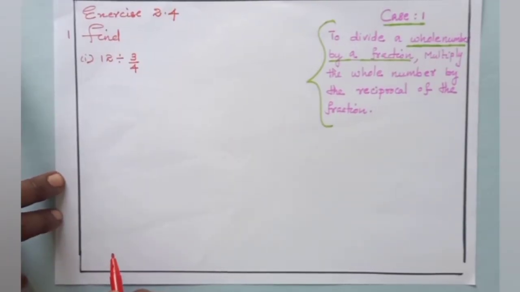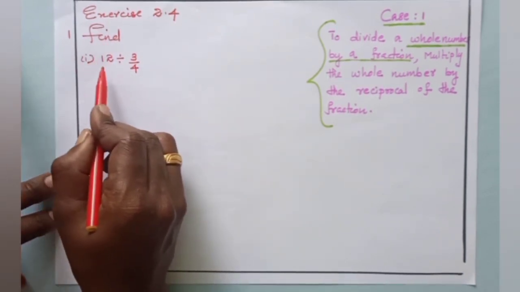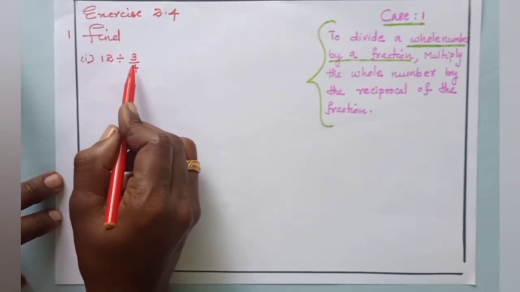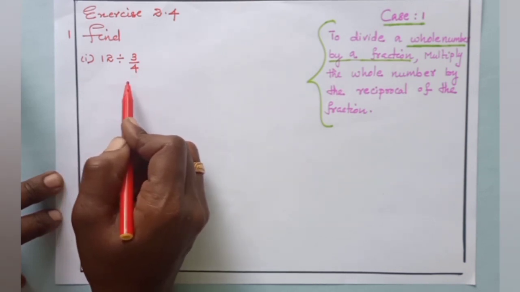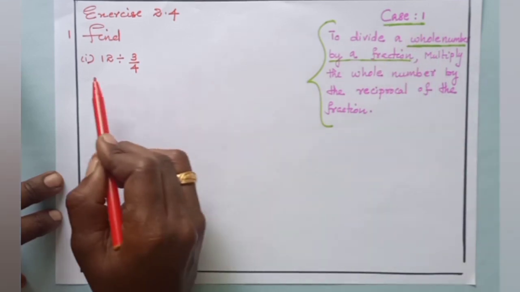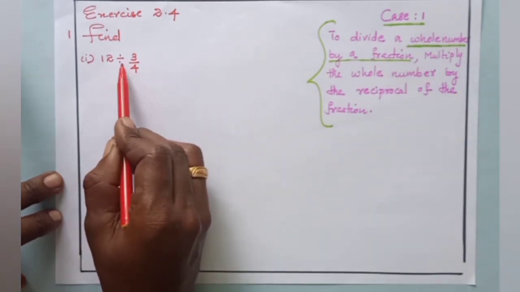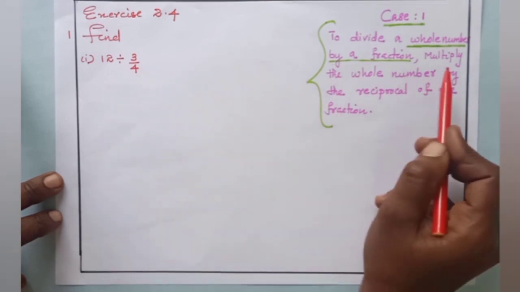Problems on division of fractions. First question: 12 divided by 3 by 4. Listen students, this is the case first. To divide a whole number by a fraction, what will you do?